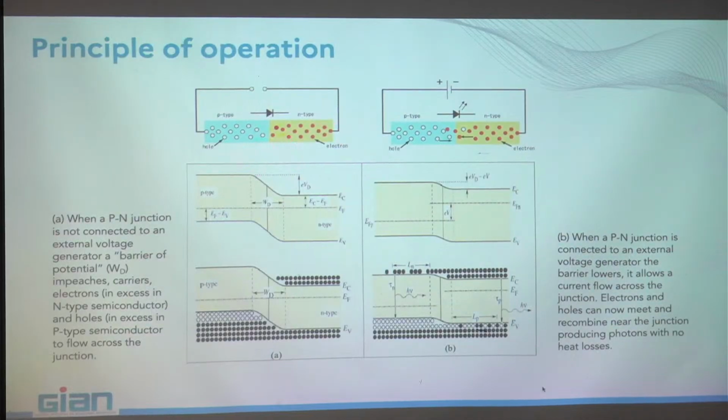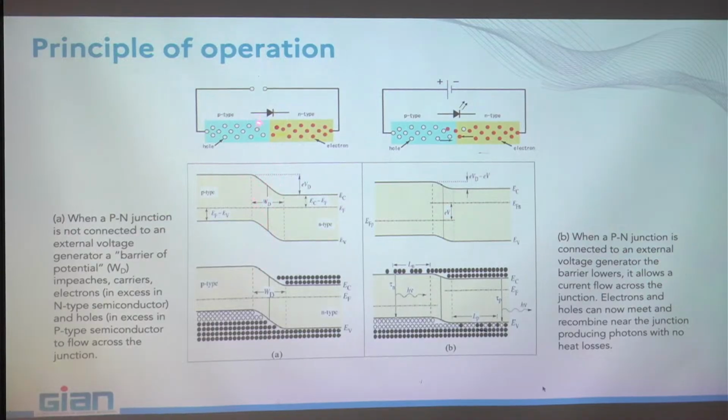Here is how it works. In fact, you have a PN junction between two materials, an N-type with an excess of negative charges, and a P-type with an excess of positive charges, holes. If the circuit is open, nothing happens, because you have a potential barrier between the two semiconductors.